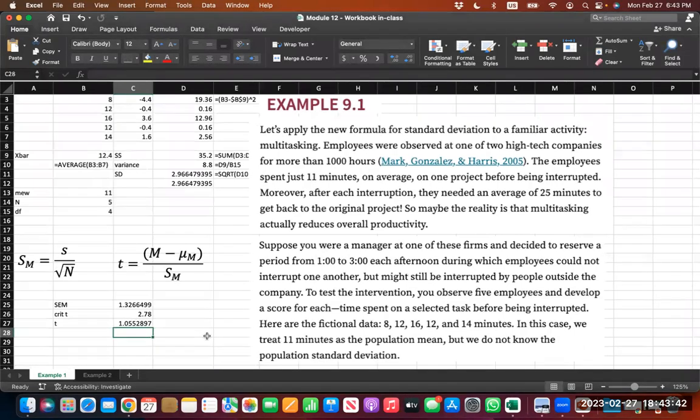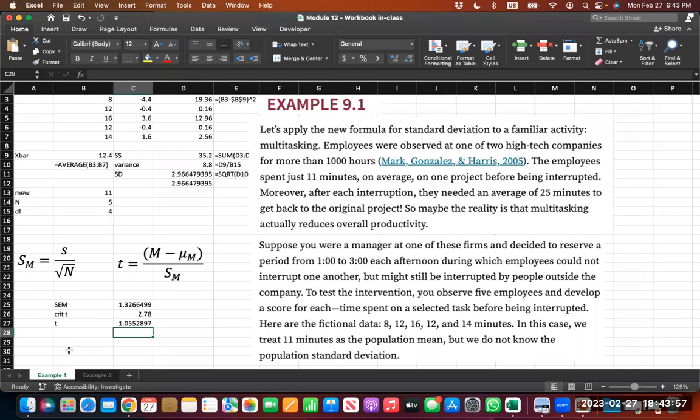What do we conclude now? Because the T is less than our critical T, that means it's within the boundaries of our critical T's. That means it's not significantly different from the null hypothesis.